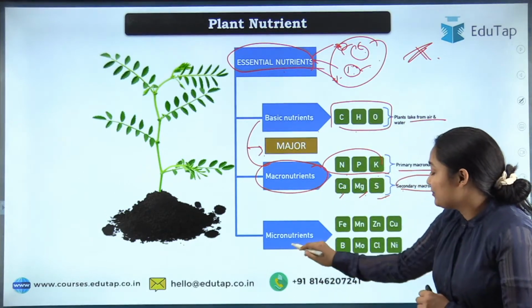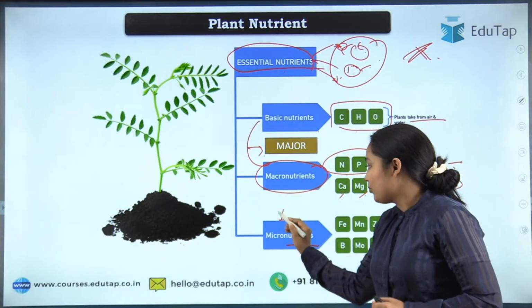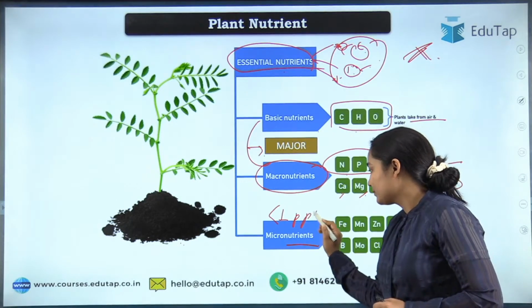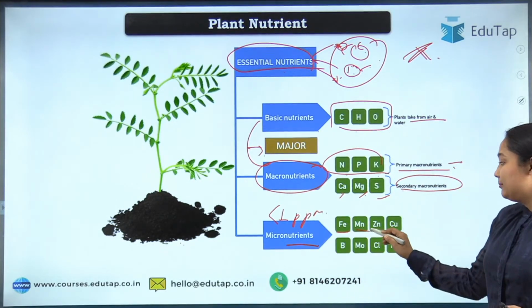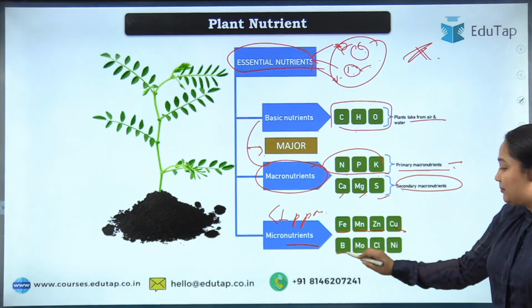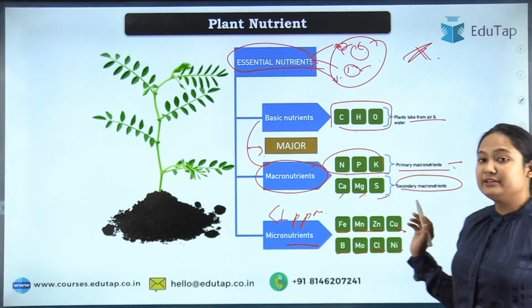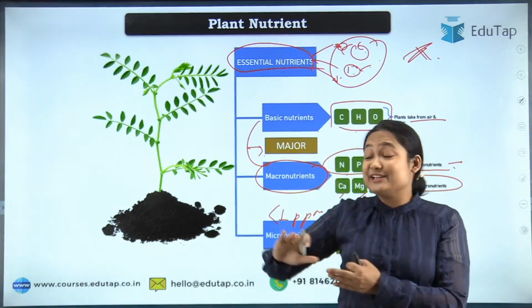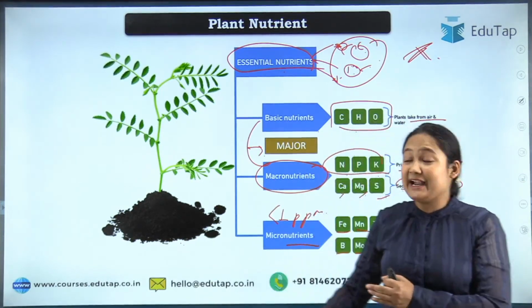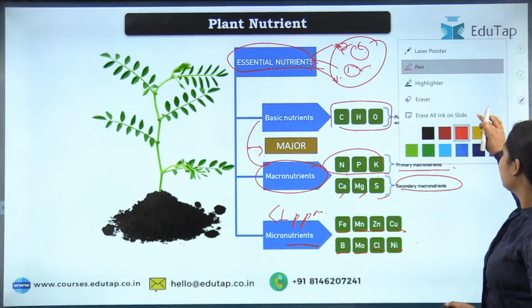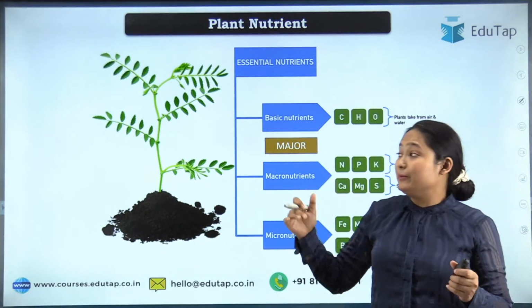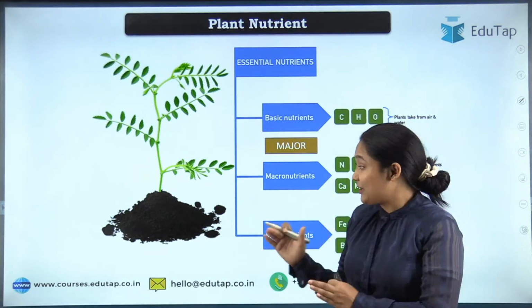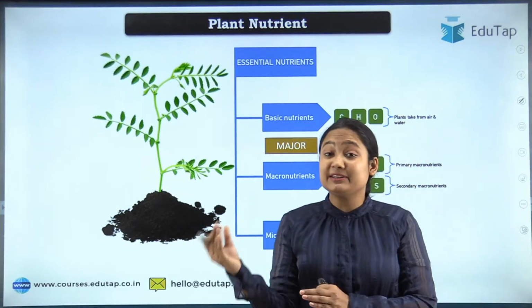Now moving to the micronutrients that are required in a quantity of less than 1 ppm, and these are iron, manganese, zinc, copper, boron, molybdenum, chlorine and nickel. So if you don't have time, again just take a quick look at this slide, and you will have all the clarity.